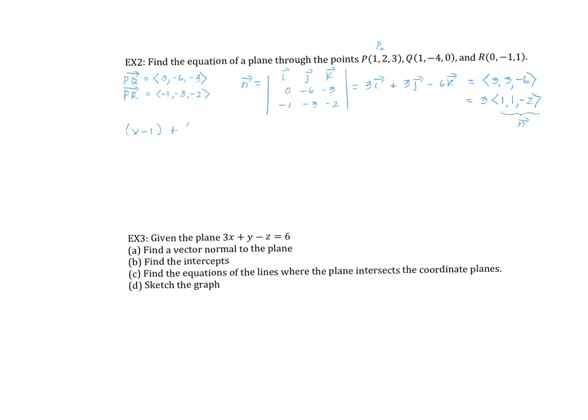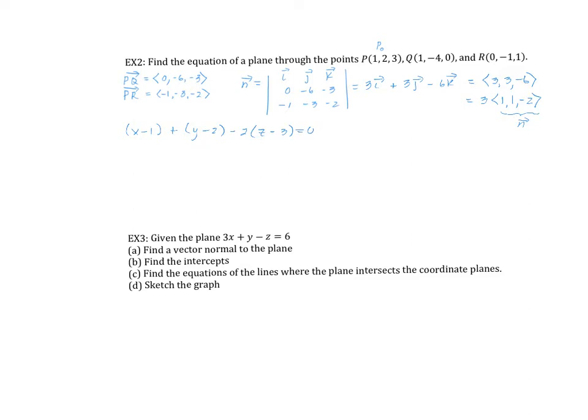Plus 1 times y minus 2, minus 2 times z minus 3 equal to 0.